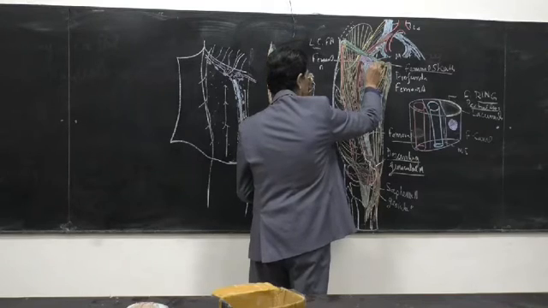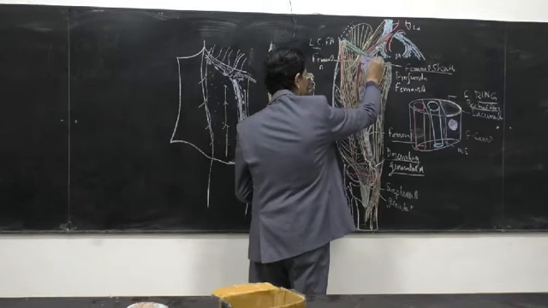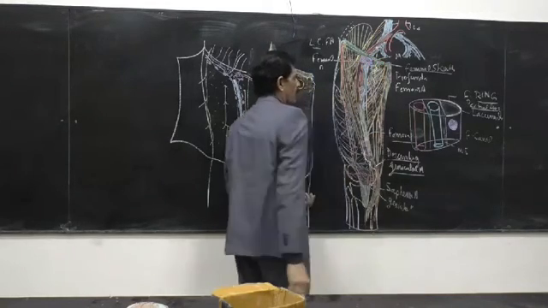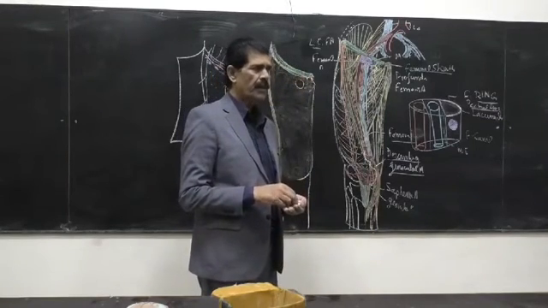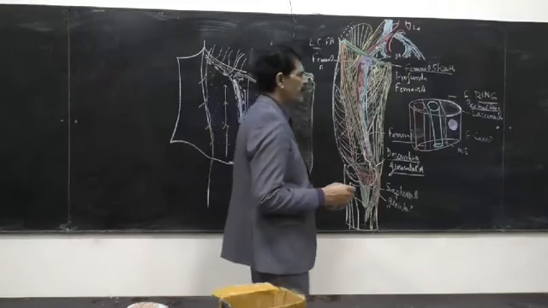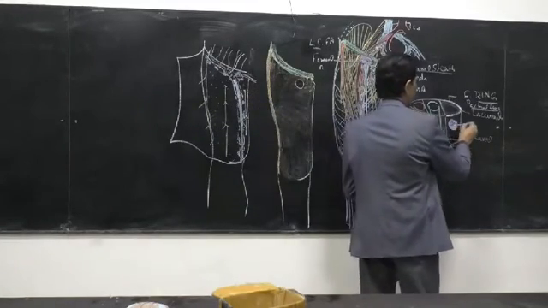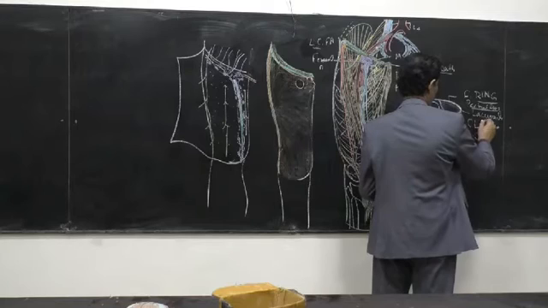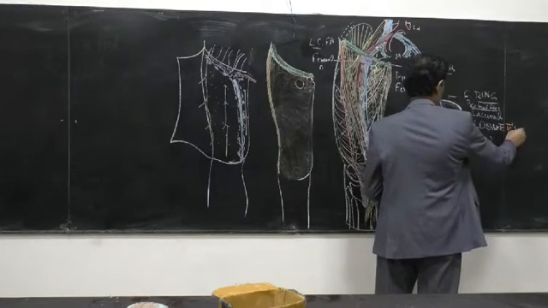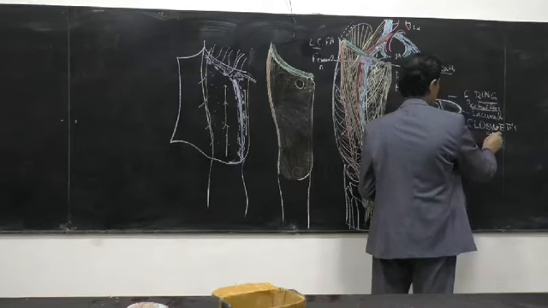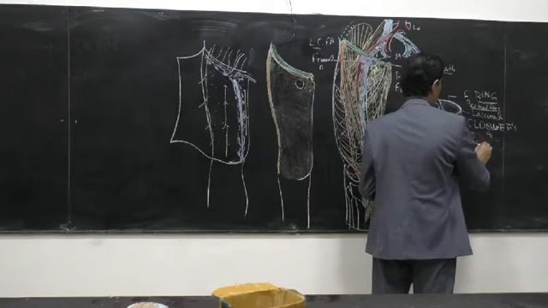So this is the upper 3 centimeters of it, and it contains a single lymph node, which is a deep inguinal lymph node. The name of this lymph node is Cloquet's lymph node, or it is also called the lymph node of Rosenmuller.